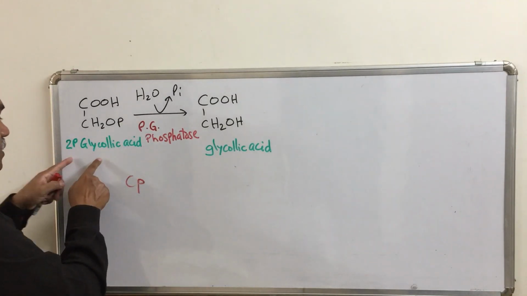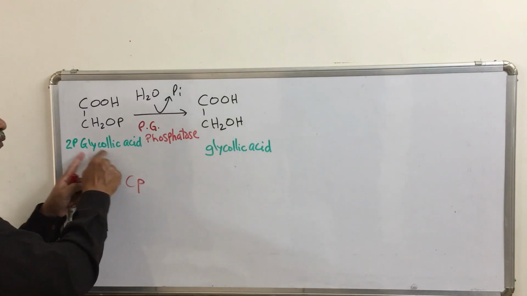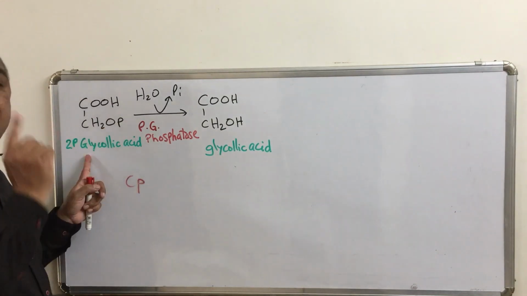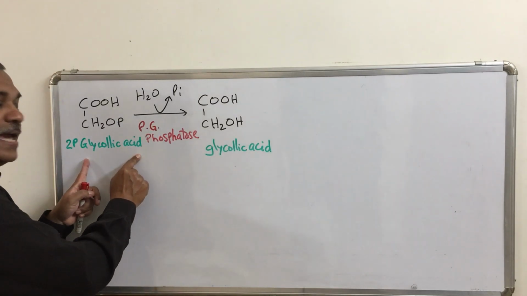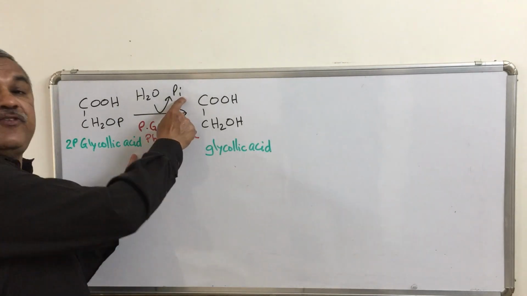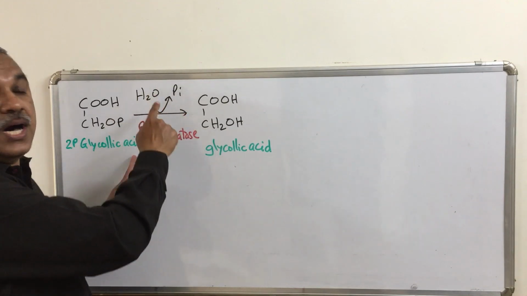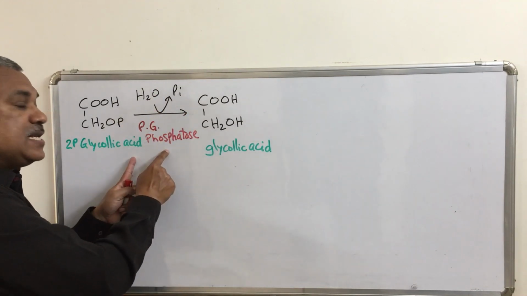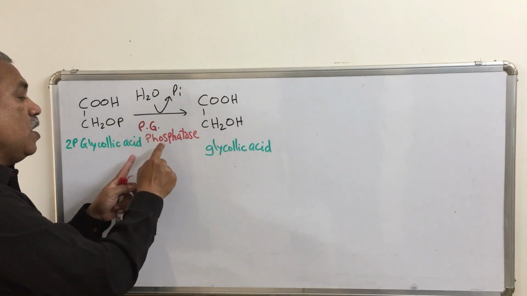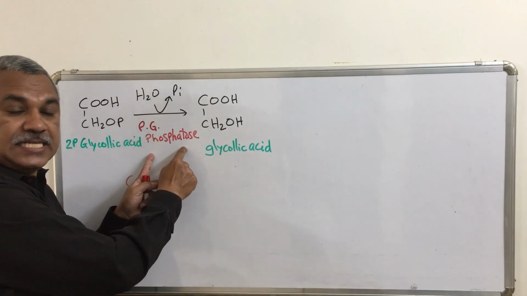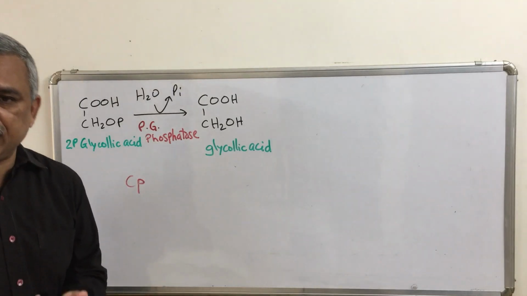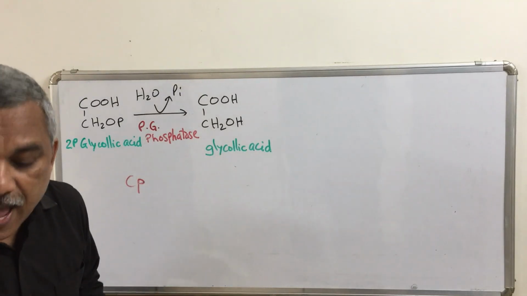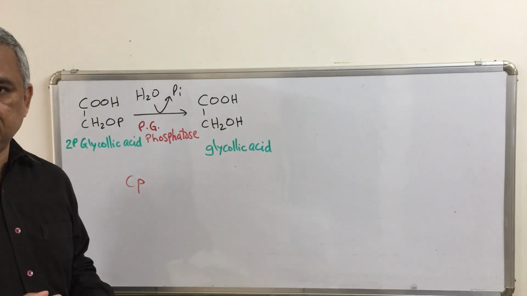Now in the chloroplast, we have already created 2-phosphoglycolic acid by the activity of Rubisco. Now if the phosphate group is removed through a hydrolysis reaction that is catalyzed by the phosphoglycolate phosphatase enzyme, once the phosphate group is removed, we will get glycolic acid. All this will happen in the chloroplast.